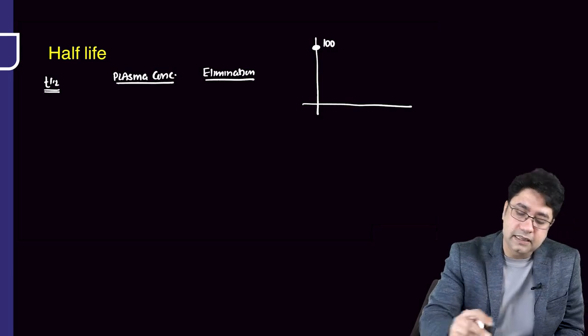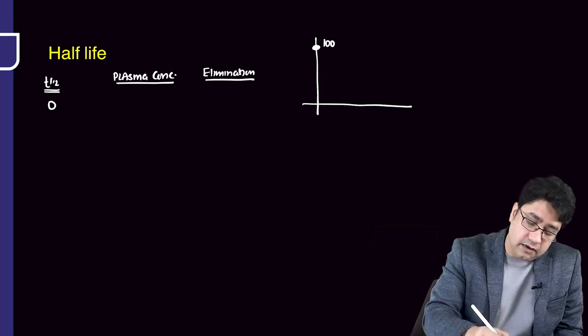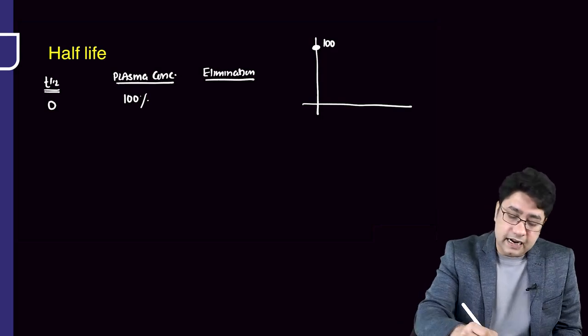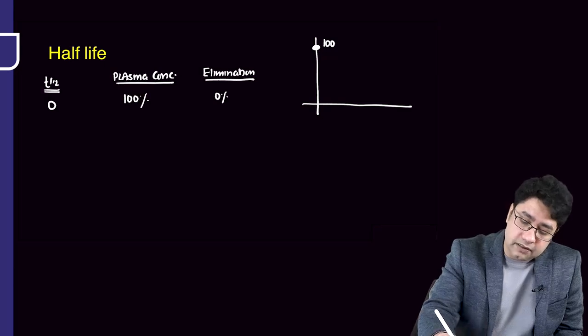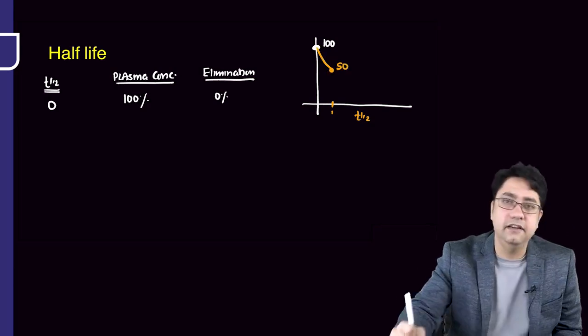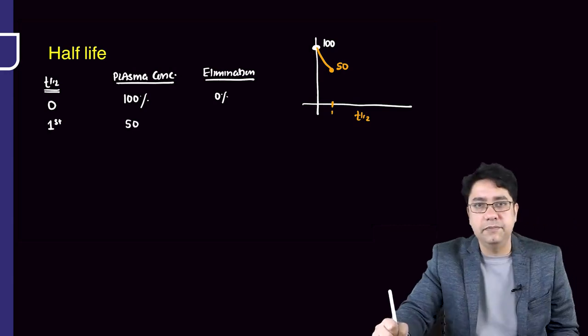At this moment, at 0 time, the drug is not eliminated. Can we say in plasma the drug is 100% and 0% eliminated? So beta, what happens in the first half-life? In the first half-life, the drug becomes 50. After the first half-life, plasma concentration becomes 50%.